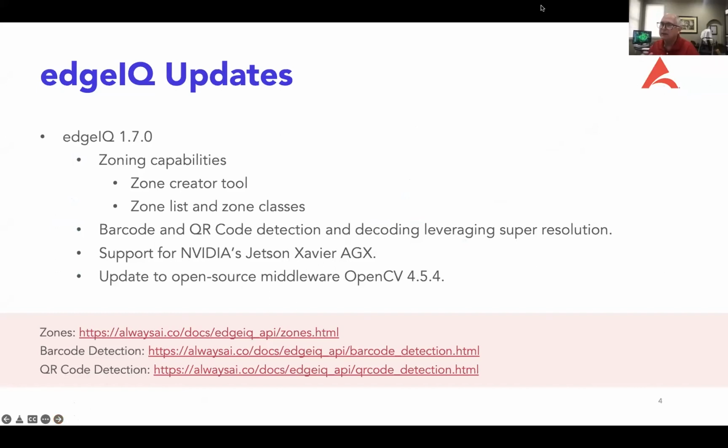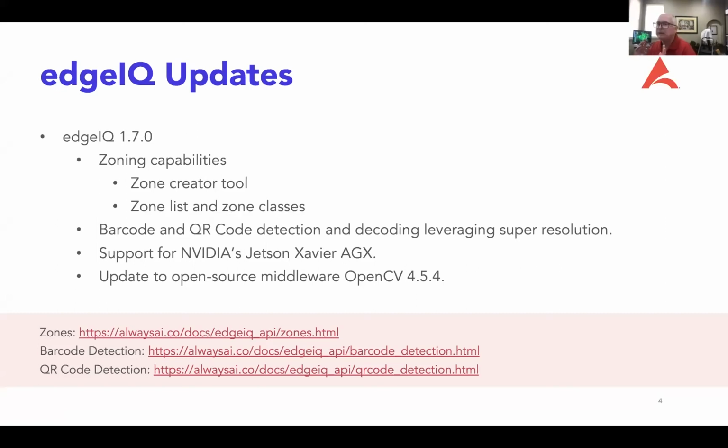So we've done two updates since we last talked to you with edgeIQ, and one to the CLI. The first edgeIQ update was 1.7. If you think about GPS, you can do geofencing and so forth. In computer vision, you really need to take a look at zones.